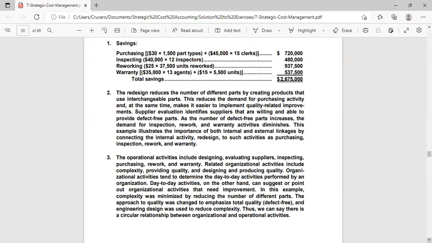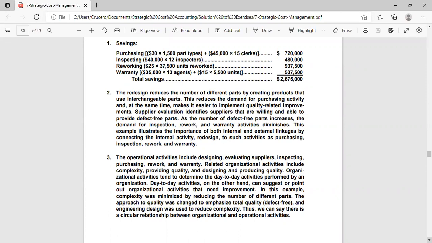Related organizational activities include complexity, providing quality and redesigning and producing quality. Organizational activities tend to determine the day-to-day activities performed by an organization. Day-to-day activities, on the other hand, can suggest or point out organizational activities that need improvement.